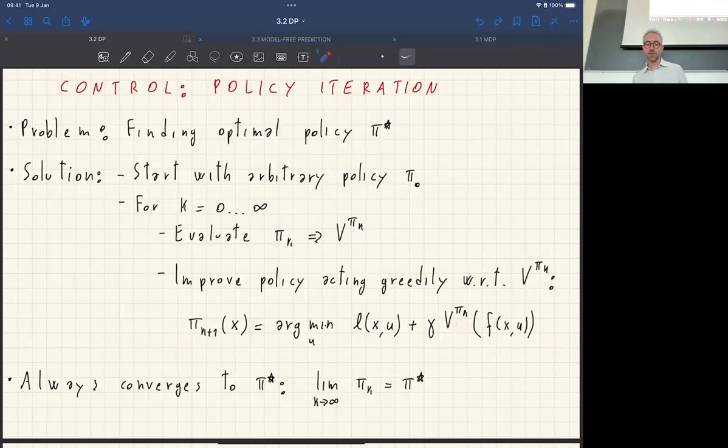And the reason why is that you're basically computing the new policy by saying, okay, if I'm in a state X, what I want to do is to find the control input U that minimizes the current cost plus the cost I would pay from the second step onward following policy pi k.